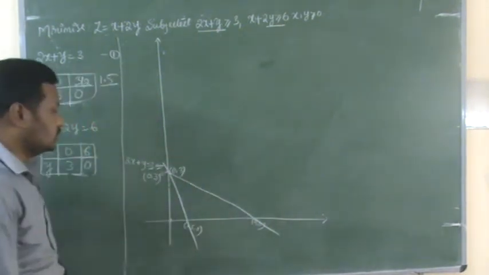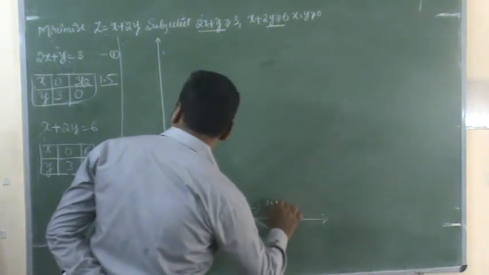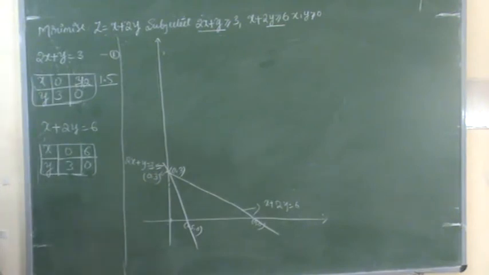This is the line we get. Therefore, this is the equation of the line, x plus 2y is equal to 6.